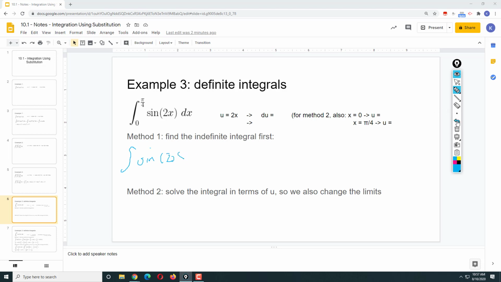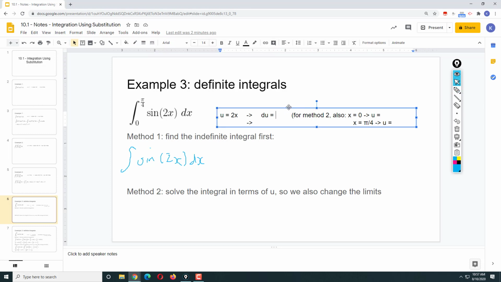We just want the integral of sine of 2x times dx. Well, u equals 2x, so du over dx is 2. Therefore, du is equal to 2 dx.